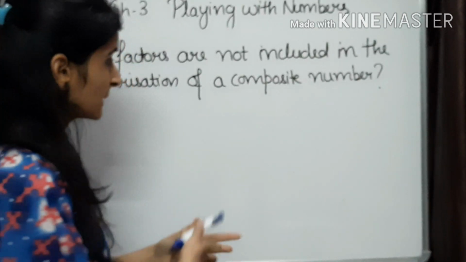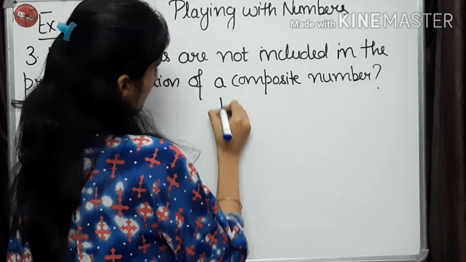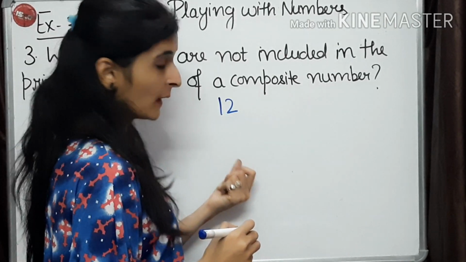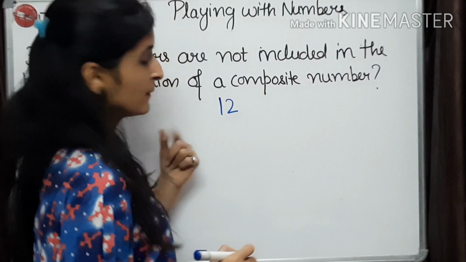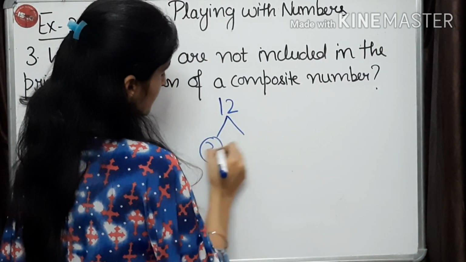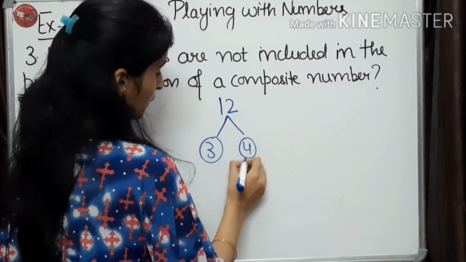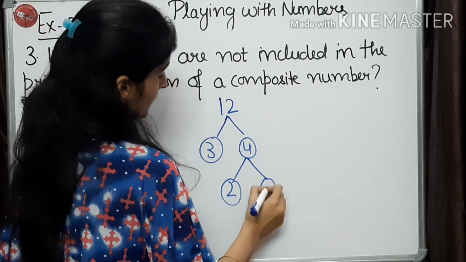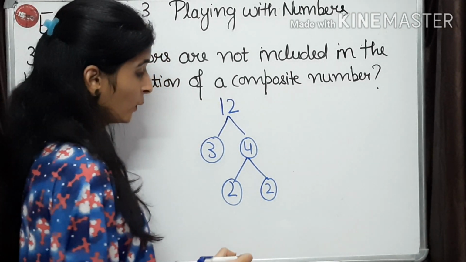Suppose I take the composite number 12. If I do its prime factorization, 3 fours are 12, then 2 twos are 4.